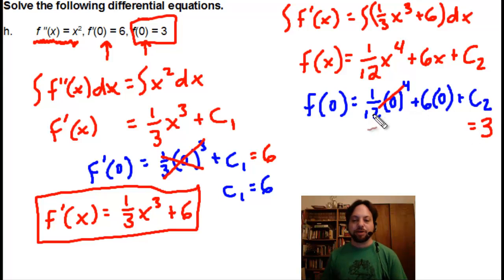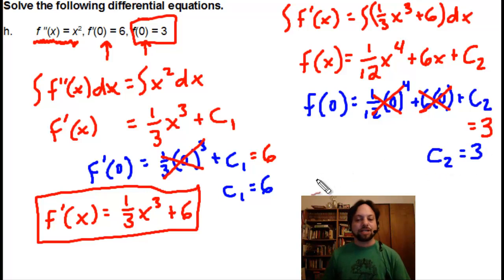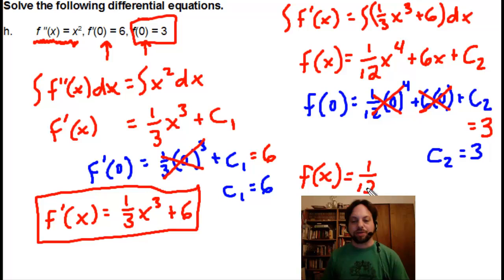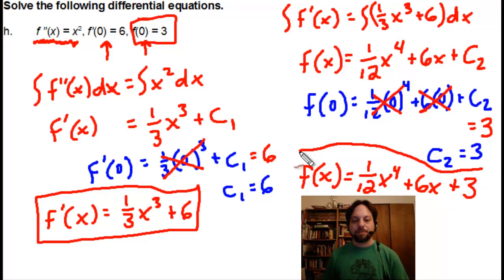So let me run through here. This is gone and this is gone. And look what I'm left with: c sub 2 equals 3. And so that tells me that my final position function is 1/12 x to the 4th plus 6x plus 3.